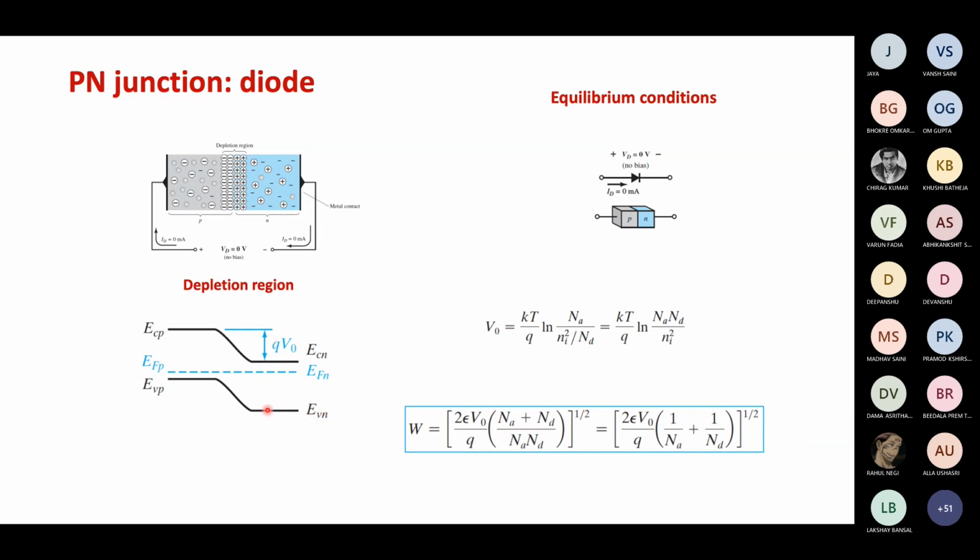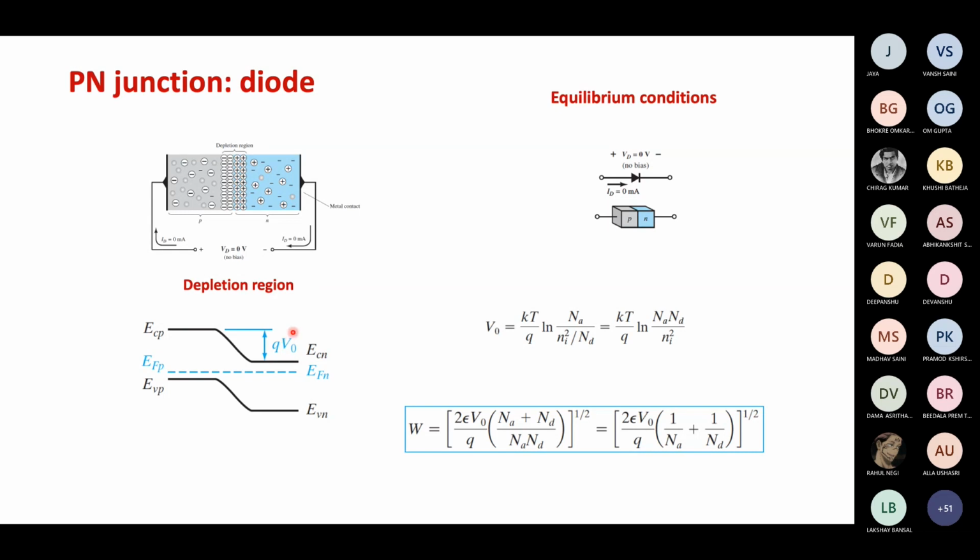And this is the valence band maxima of the P-type semiconductor. Similarly, here it is the conduction band minima of the P-type semiconductor and the valence band maxima of the P-type semiconductor. Here also, EF means Fermi level, the energy of the Fermi level. P means on the P side, N means on the N side.